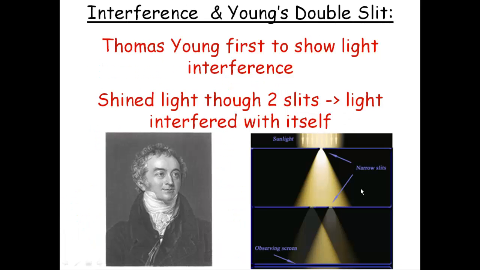Before all this diffraction grating stuff was made, before diffraction was truly understood, we had some experiments trying to understand the nature of light. A gentleman by the name of Thomas Young, who was a child prodigy, did a very famous experiment. He shone light through a couple of different slits, and of course the light through one slit would interfere with the light through the other slit, and he tried to deduce exactly how light behaved. Was it a particle or was it a wave?